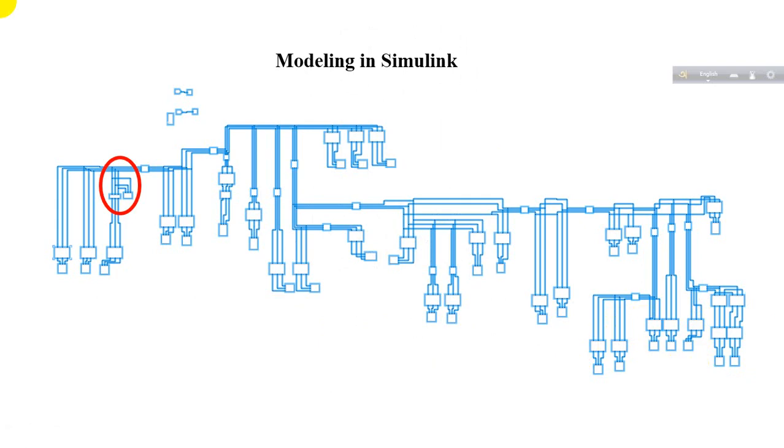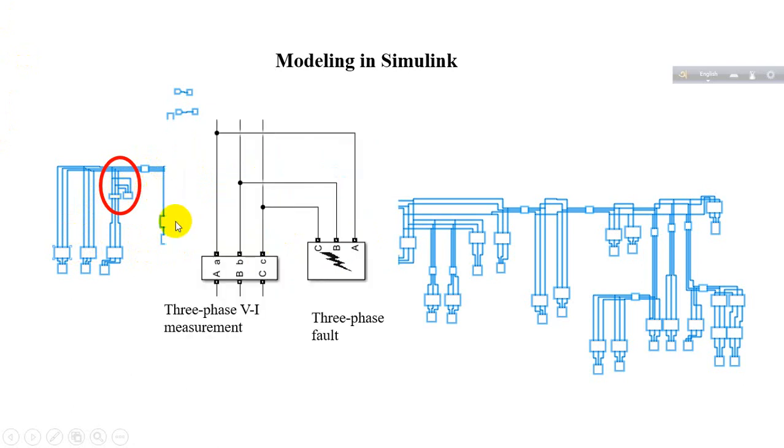Now, how have we classified faults? Initially, I showed that here is a fault, here is another fault, here is another fault. Now I have shown a sample. This is a fault. If we zoom in, you will find it like this. We set a fault at a certain position and select a three-phase voltage current measurement near the location of the fault, which measures the voltage and current of that faulted bus.